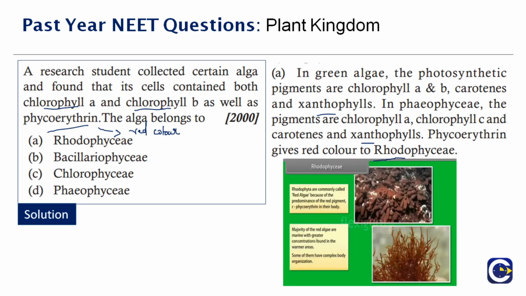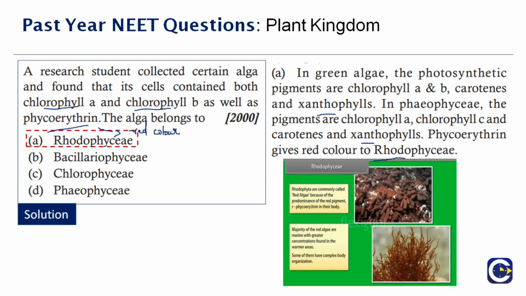To your right side you can see the image of the red algae. Rhodophyceae are commonly called red algae, and the correct name of the pigment is R-phycoerythrin, which makes the algae look red in color. Therefore the correct answer to this question is option A, Rhodophyceae.